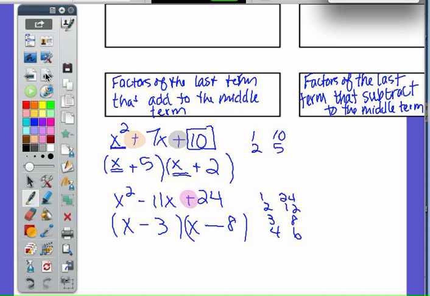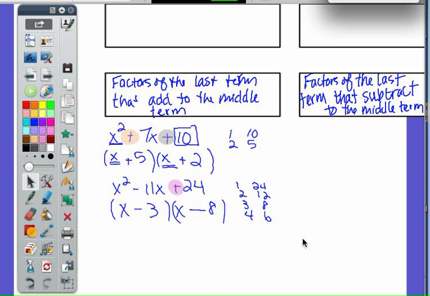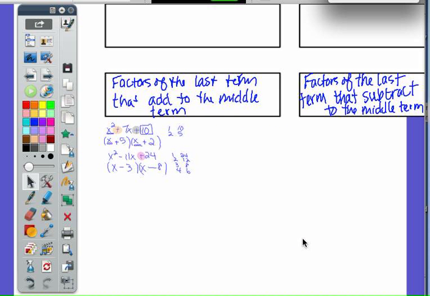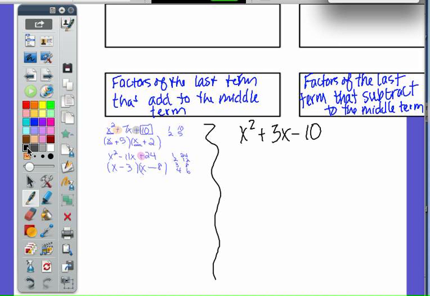So let's look at an example. Someday you're going to have software that you could do this online and take notes just like this. Someday. x squared plus 3x minus 10. You notice I'm using some of the same numbers.